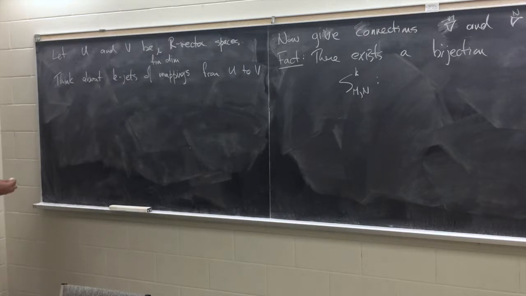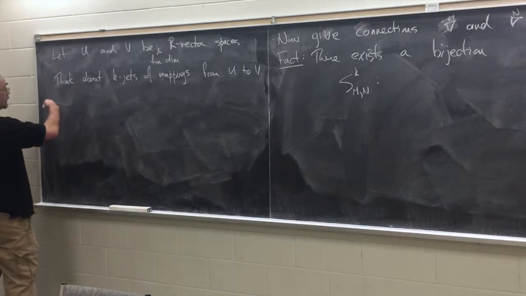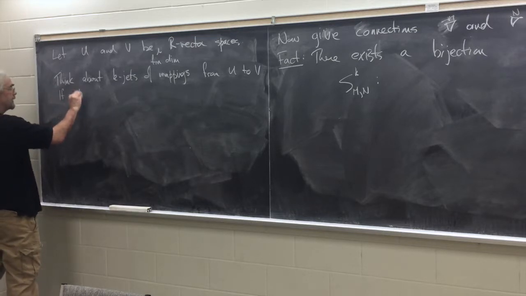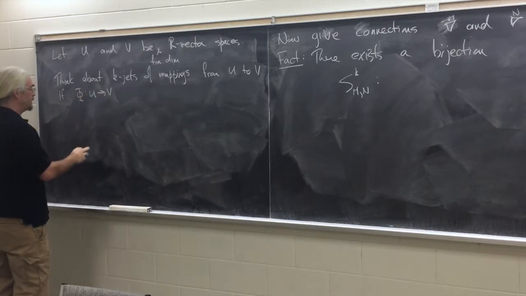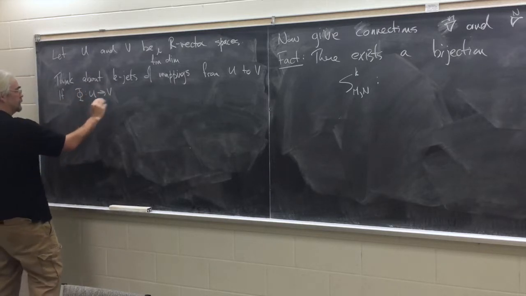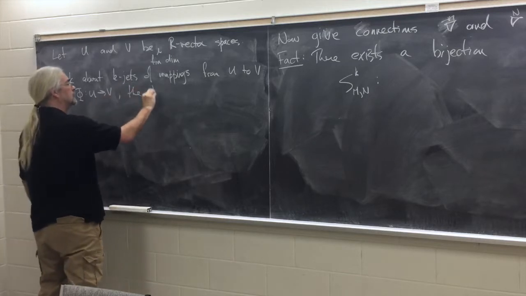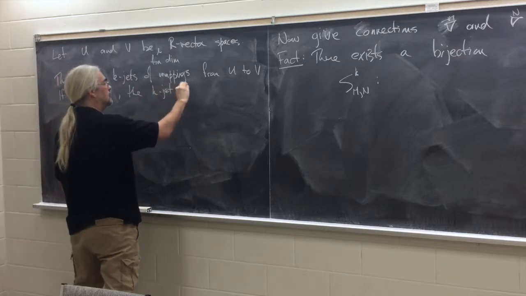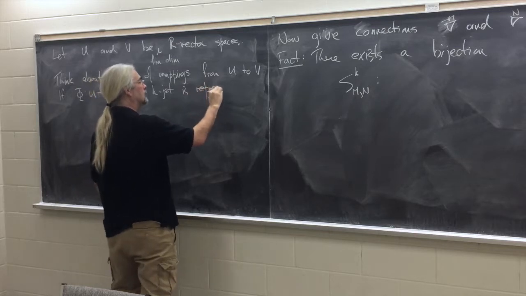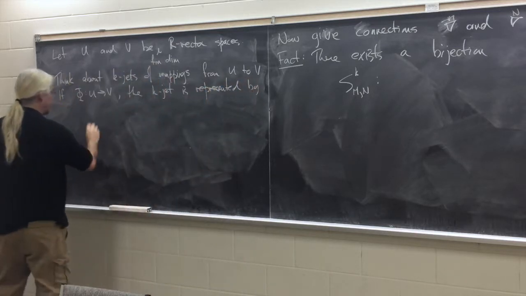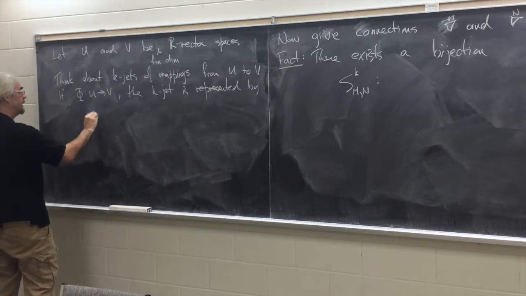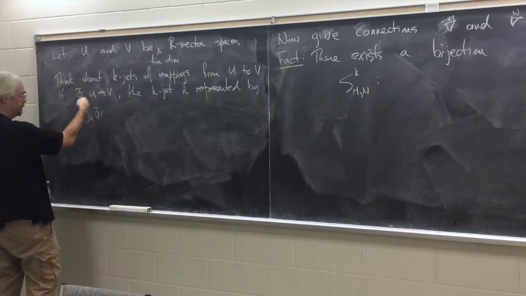Okay, so these are going to be ordered kind of by derivative. So if you have a mapping, let's say phi from U to V, the jets of this guy are going to be very simple. It's represented by J^k phi evaluated at some point.